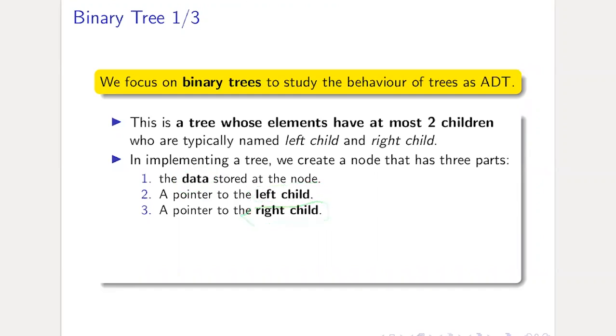Let me just briefly show this graphically. So this is our node where we will put some data, and this is our left child and this is our right child.